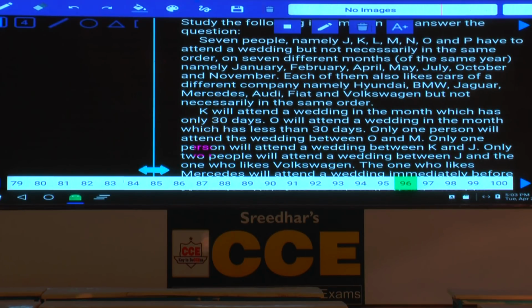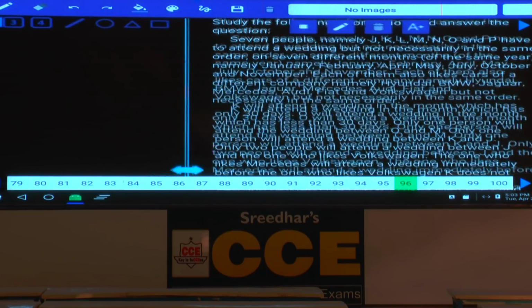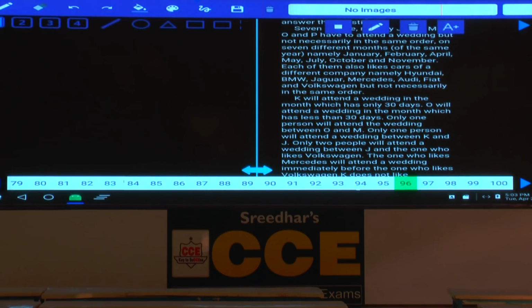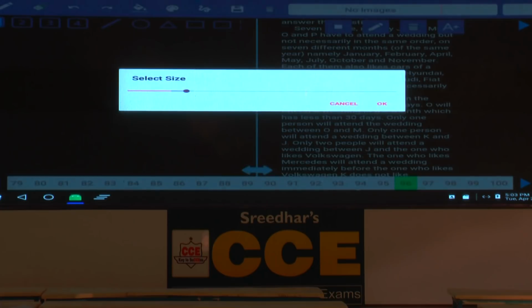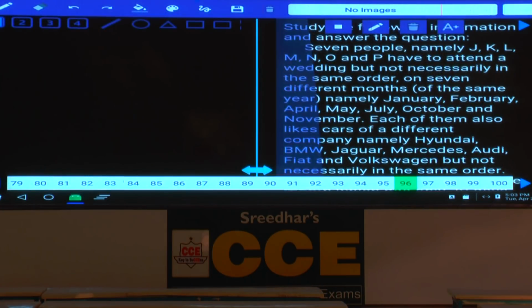Then, now whenever these months were given, first what we need to do? We need to fix the months at the center and we need to identify the number of days in each of these months, because most of the information will be related to the number of days. Then tell me what are the months given in this place? Yes, tell me what are the months here.